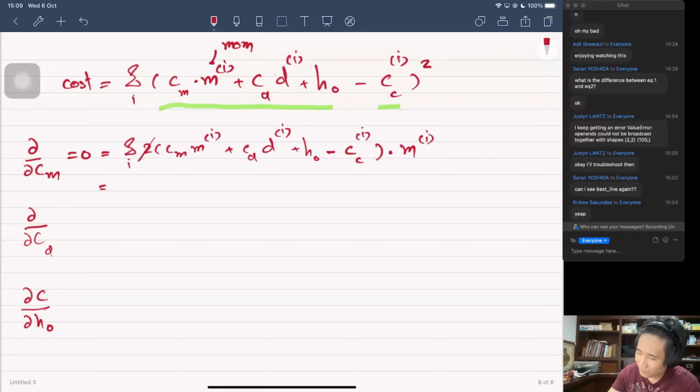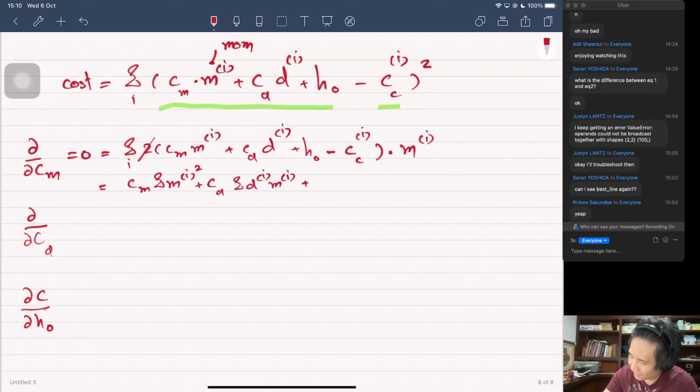You get rid of the 2, so that becomes C mom, the sum of M_i squared, and then C dad, the sum of D_i M_i, plus H0, the sum of M_i, minus the sum of C_i M_i.